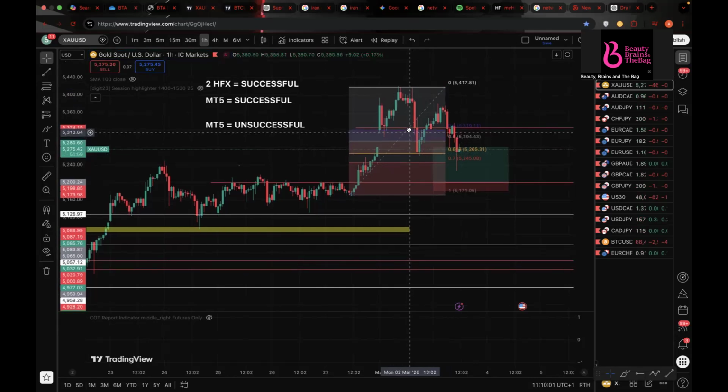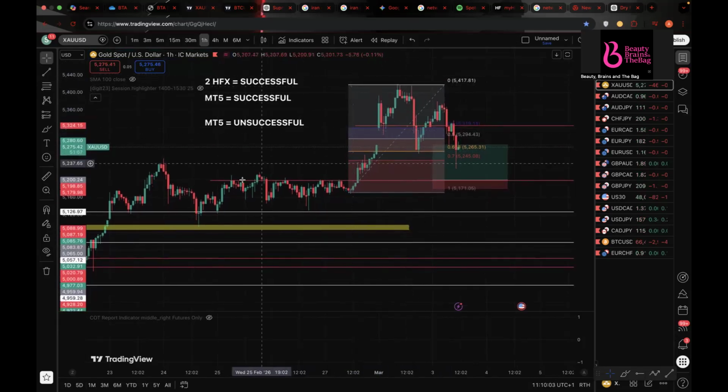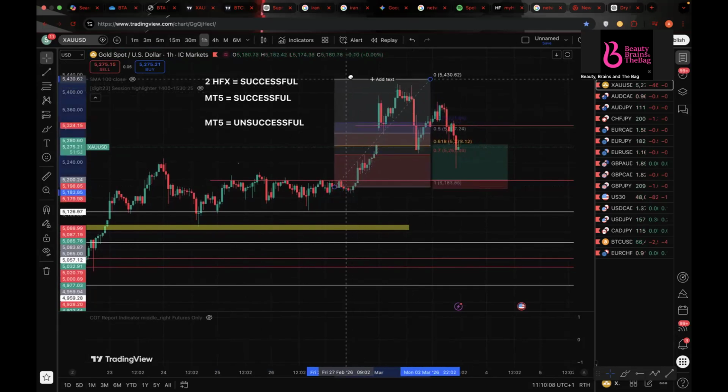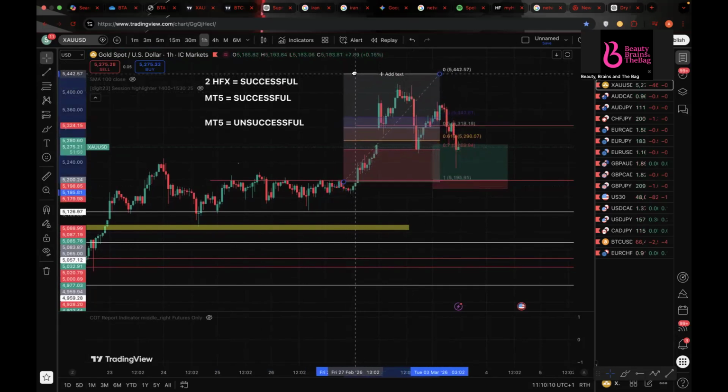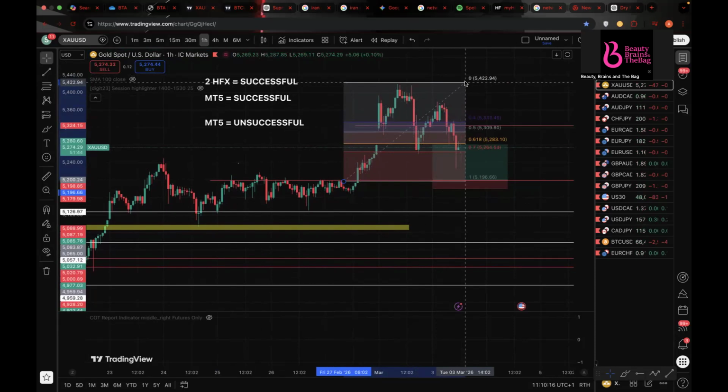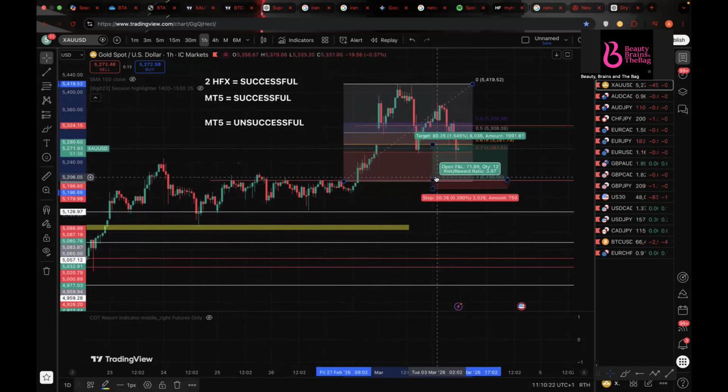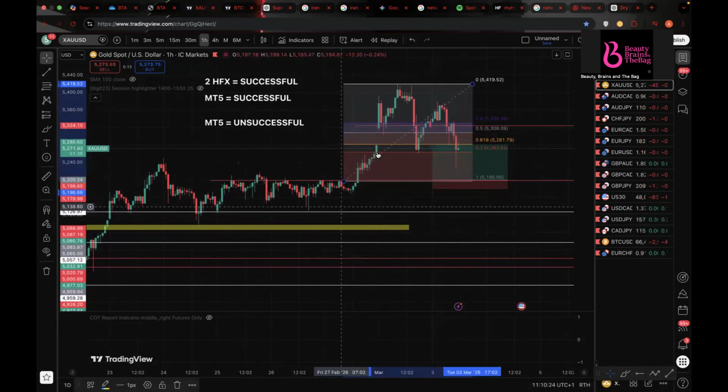Also, if you had utilized break and retest and drawn your fibs from the point at which the market broke the resistance up to the highest point the market got to, your entry after that would probably be around the 0.71 retracement zone. This would have also been a very nice point for you.